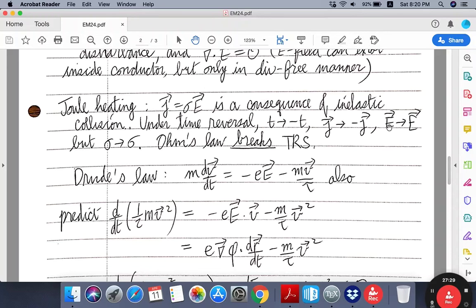However, the electric field direction depends entirely on the location of the charges, because charges are the source of the electric field. And even if you run the film backwards in time, you're not going to see the charges being located at different positions. So therefore, the electric field will not change sign at all under the time reversal operation.